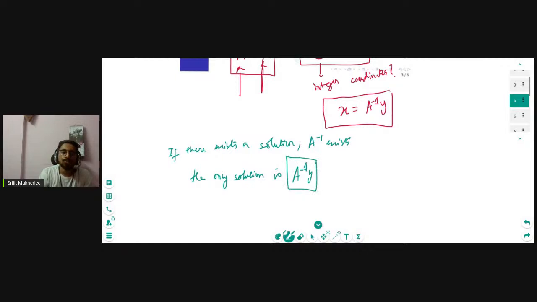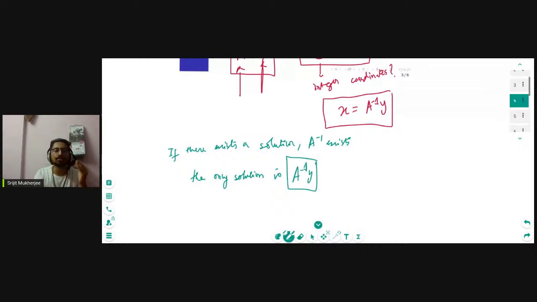So what does the question reduce down to? The question reduces down to whether A inverse y has integer coordinates or not. That's what the question reduces down to.